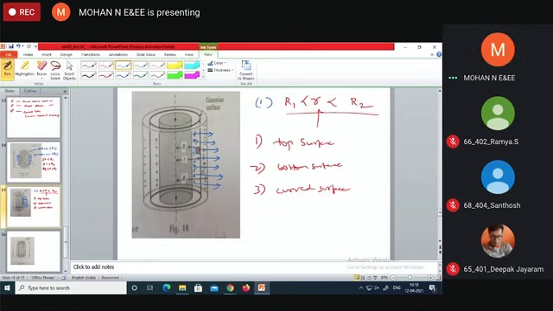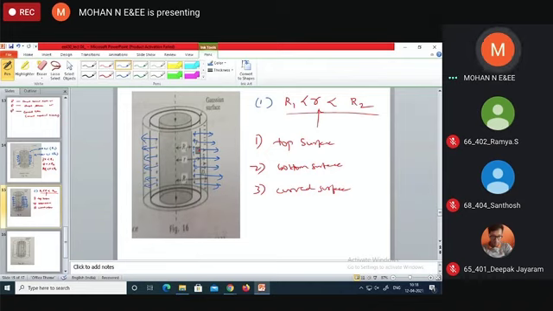So you will have flux lines crossing through the curved surface, like this, like this, like this.